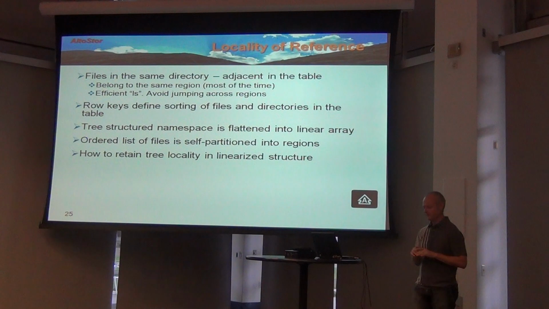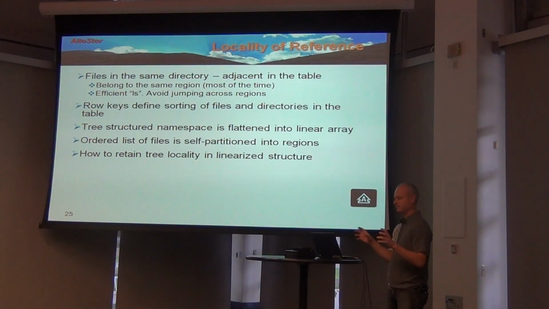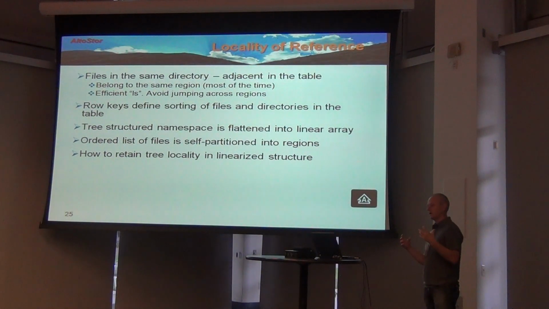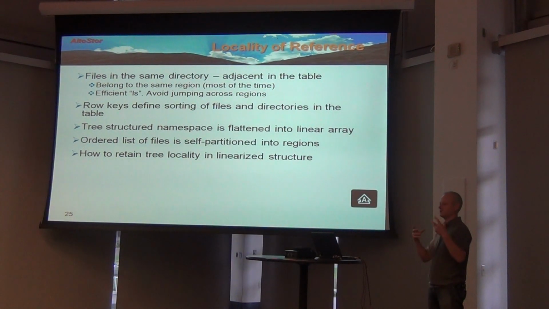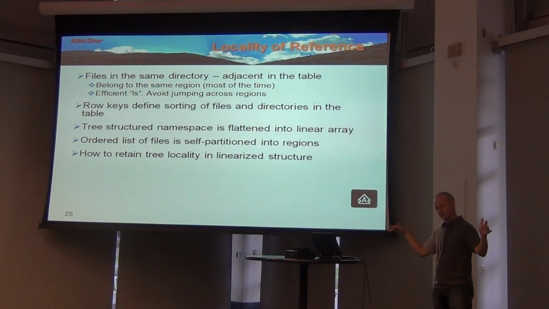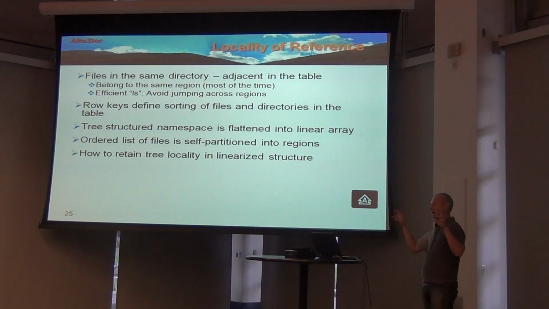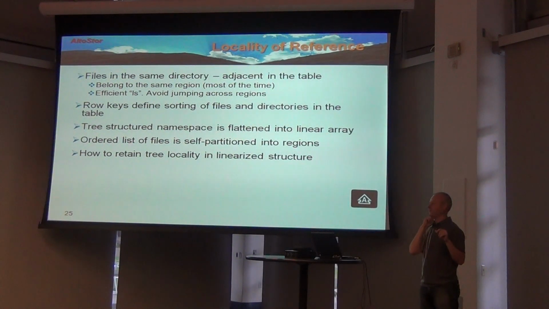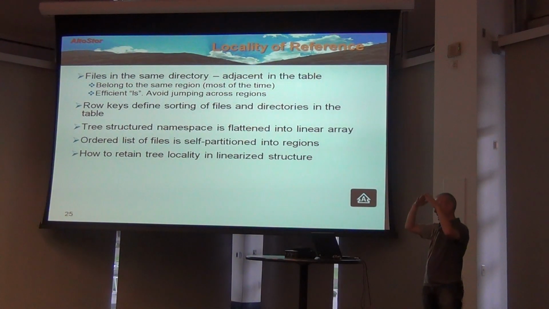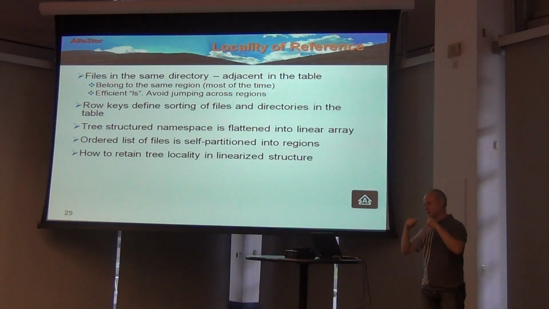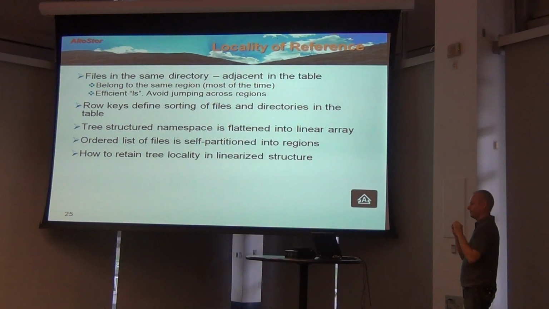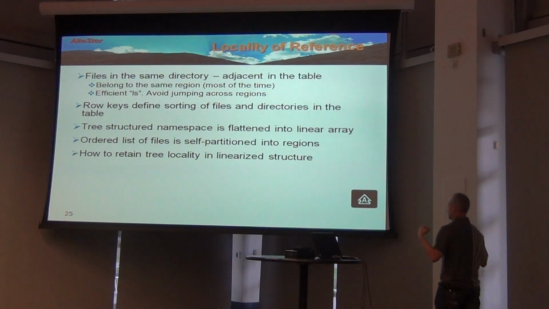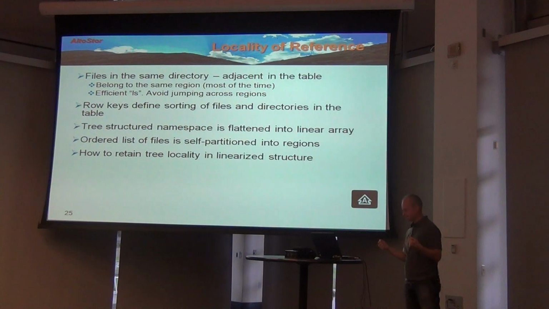So what's the locality requirement? We want the objects of the same directory to be adjacent in the table. So basically, when we look at the transition from the tree structure that the file system is into the table, this is a linearization of the tree. We're projecting the hierarchical tree structure into a linear array represented by ordered records of the table.